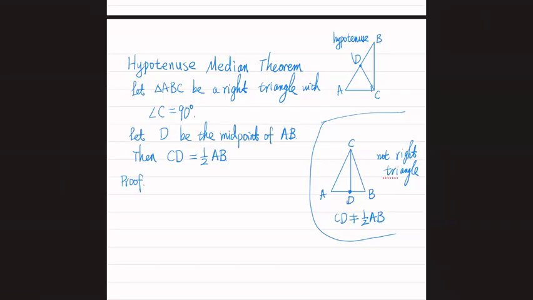This angle is a right angle, and there is the midpoint. How do we check that these two are related? We will use the first big theorem, the midpoint theorem. So D is a midpoint. Let's find another midpoint.